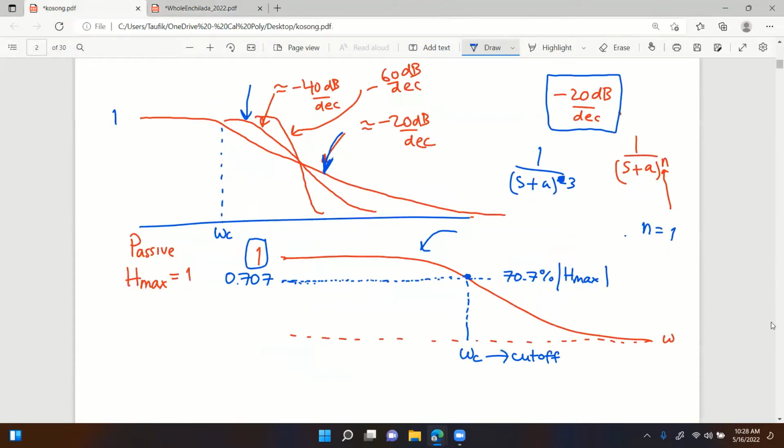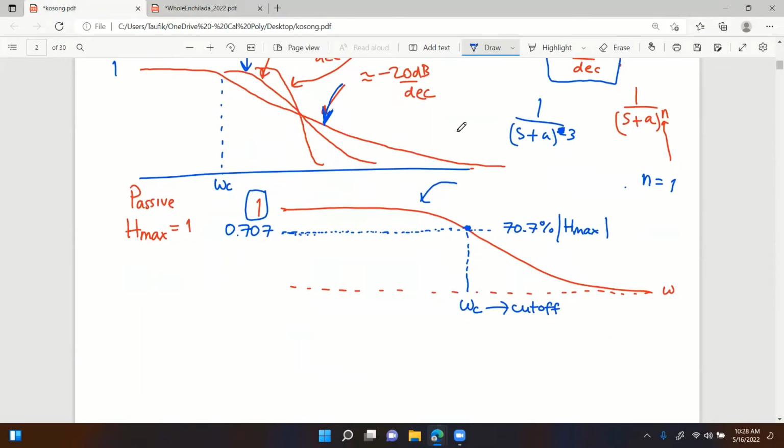So going back to this picture, let's say this is the gain plot of the low pass filter. You can see it has a slope right there. So how do we find the cutoff frequencies? Well, maximum gain is equal to 1 right there. Then go ahead and find a gain of 0.707 right there.